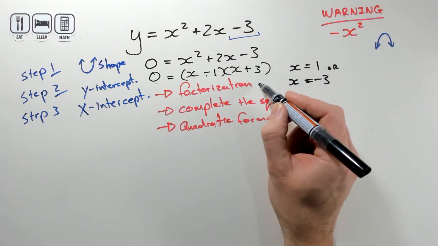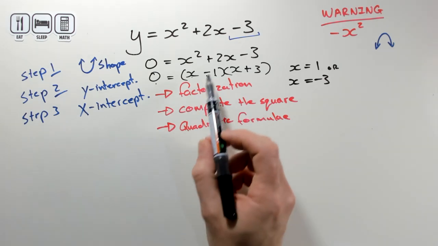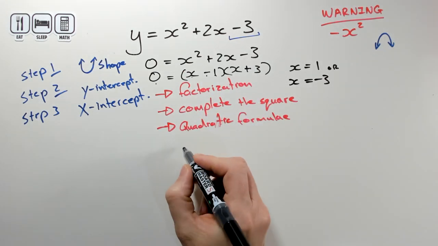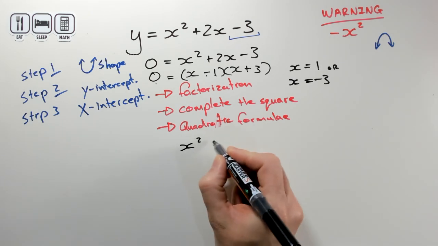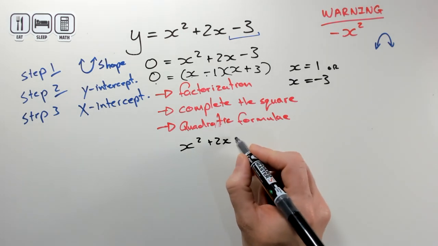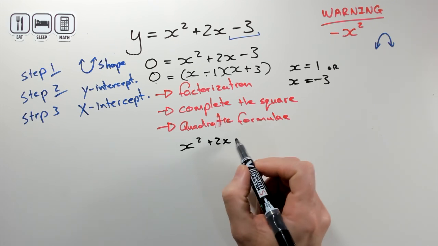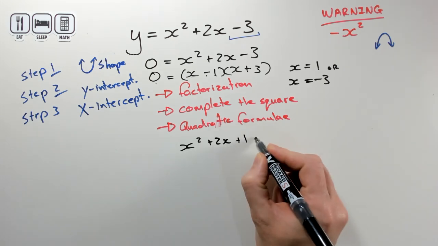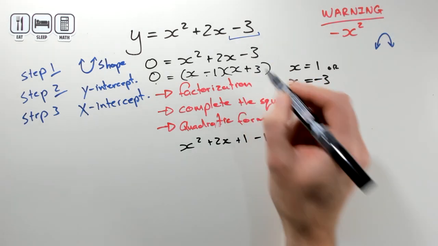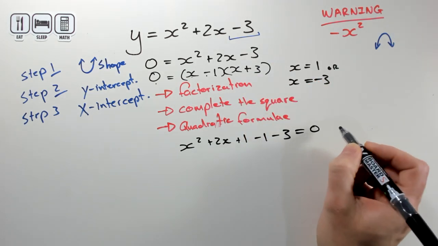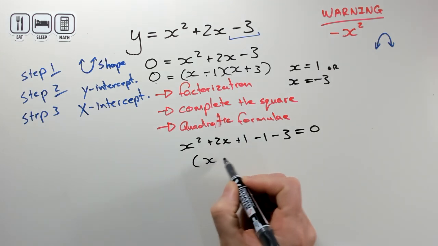Okay, so that's factorization. The other one is completing the square. There's a video about that. We can quickly do that. So x squared plus 2x, I would half and square. Half of 2 is 1, and squared is just +1, and I would minus 1 directly, and I'll bring the -3 over, and I'll put that all equal to 0, and this would then be a square.